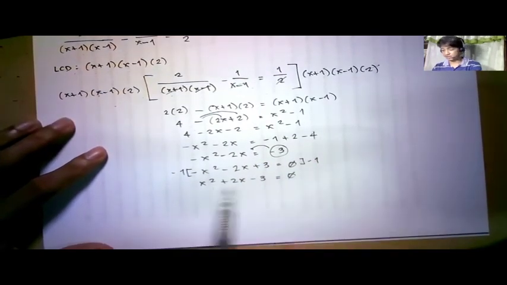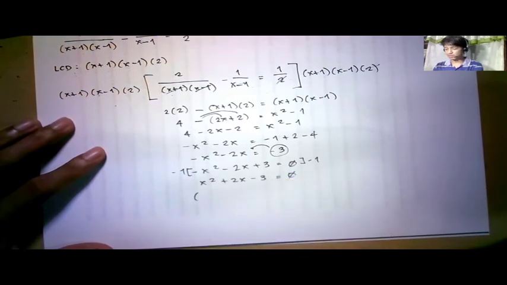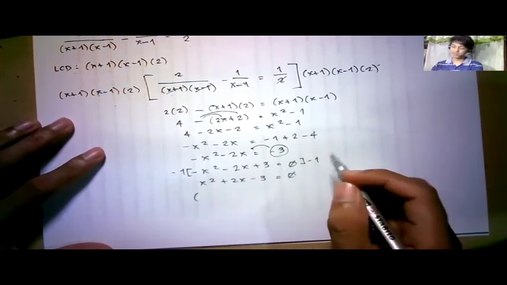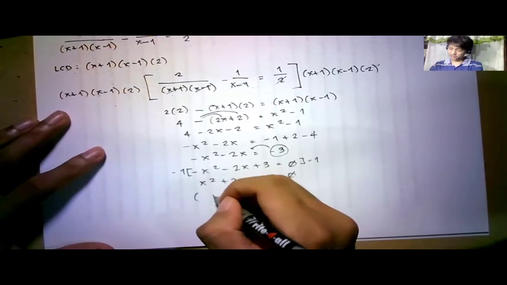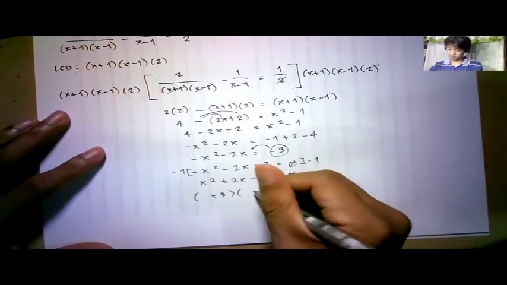And then since it's a quadratic trinomial, we are going to factor it. The same process: think of integers that when you multiply, the answer is negative 3, and when you add, it is positive 2. So that is positive 3 and negative 1.